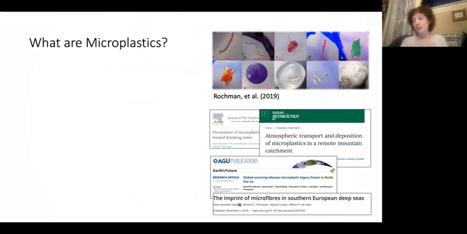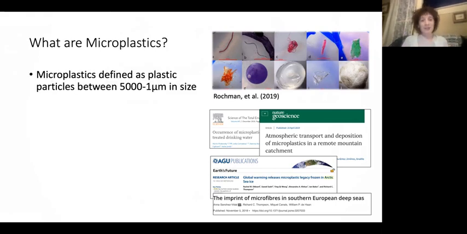They come in different shapes and different sizes, different polymers, with different chemical additives or sometimes even sorbed pollutants. You can see in the pictures here, this is from a paper from Chelsea Rochman's lab that was published in 2019, and the famous quote from that paper is, "A microplastic is not a microplastic is not a microplastic." And I think that kind of sums up the situation.